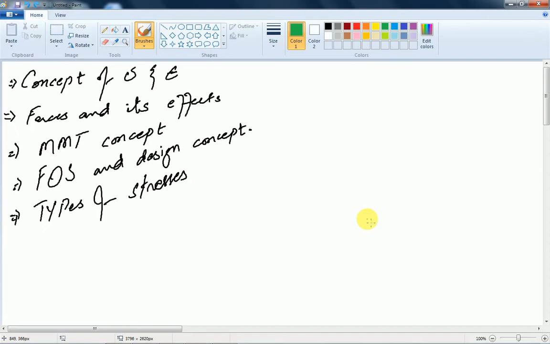So far we have covered some basic concepts of stress and strain, and we also have covered some different types of forces and its different kinds of effects, which we call later as stresses.